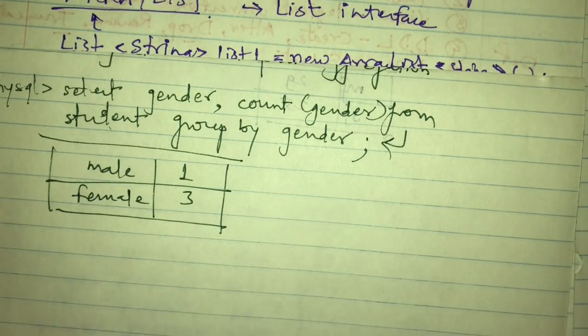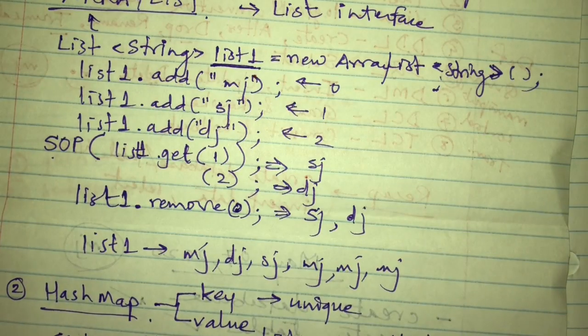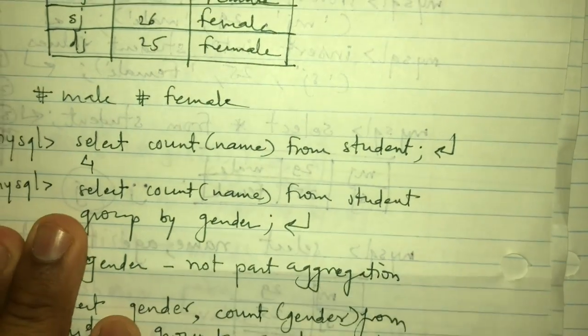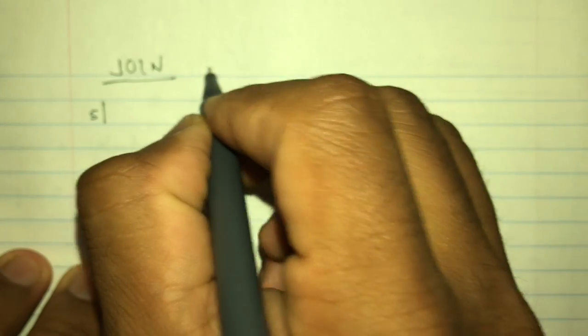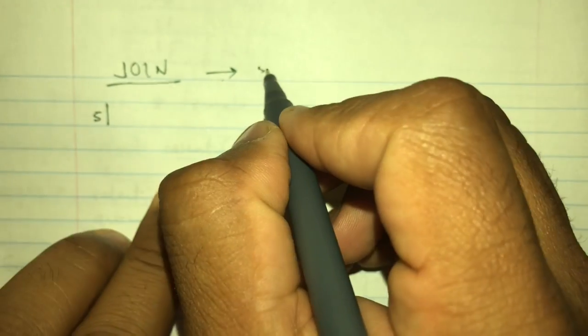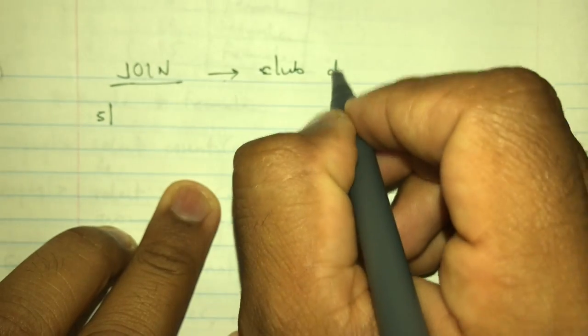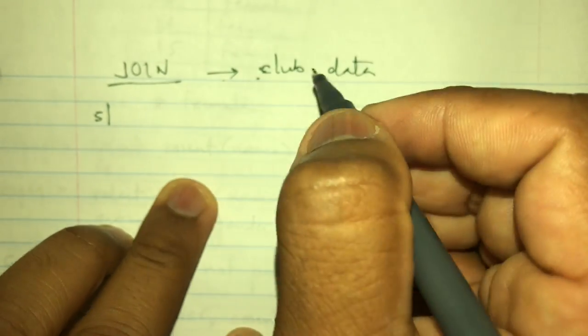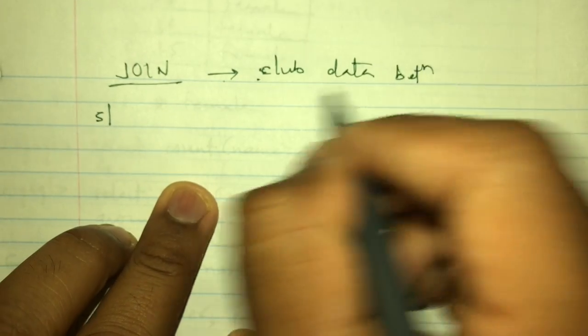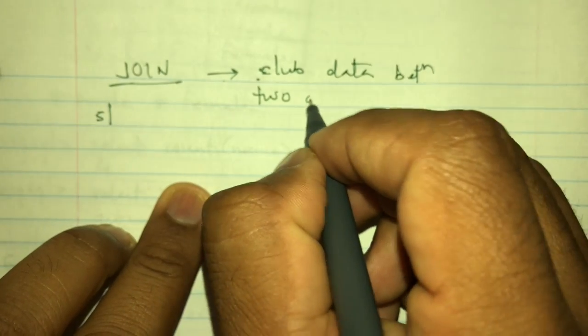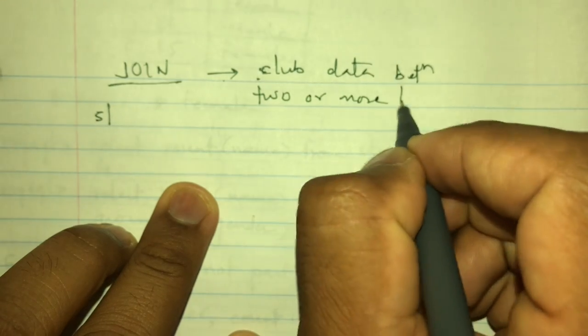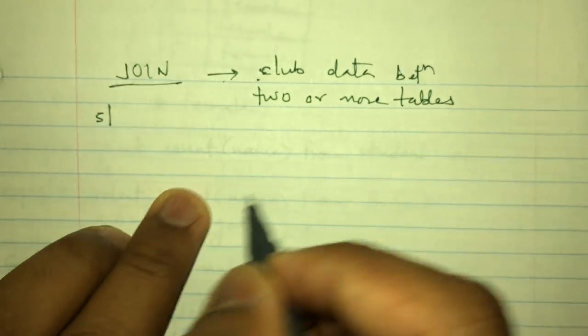Now the last topic that we have in SQL is join. So for that, let us assume we have these two tables, and join means you can club or join data between two tables, or two or more tables, right?